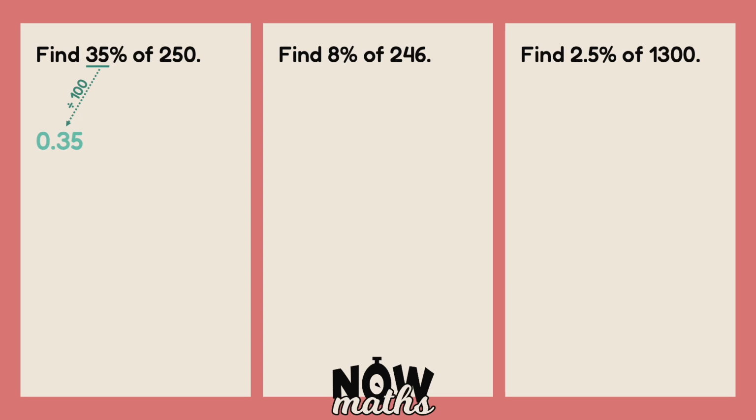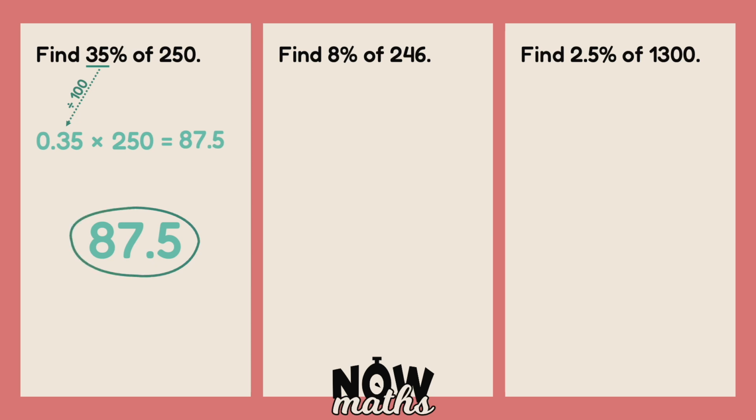The reason this is called a decimal multiplier is because if we multiply any amount by 0.35, it will work out 35% of that amount. So in this case, we're going to work out 0.35 multiplied by 250 to work out 35% of 250. And 0.35 multiplied by 250 is 87.5, so 35% of 250 is 87.5.